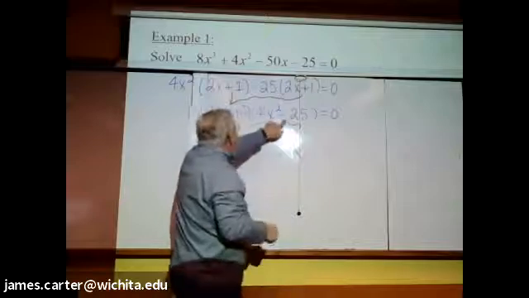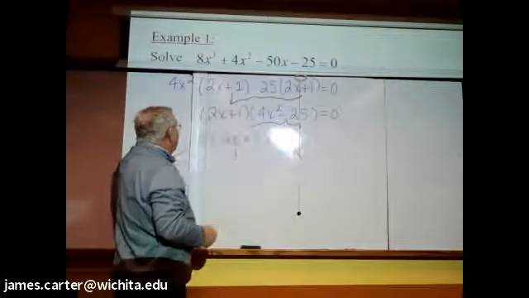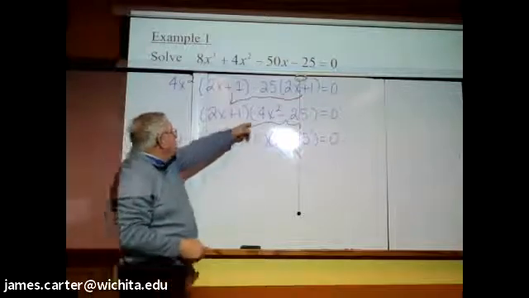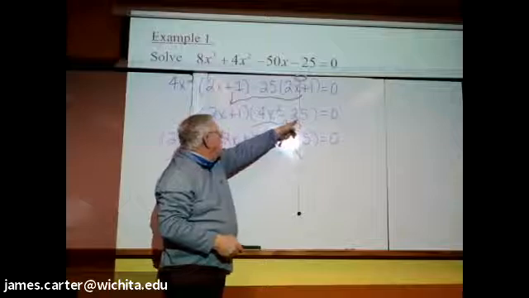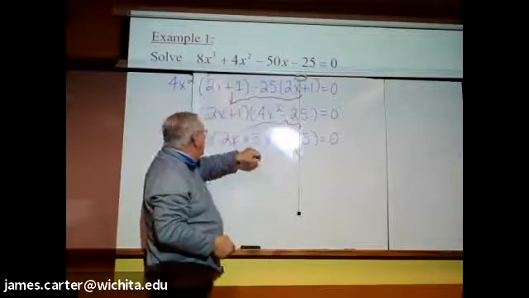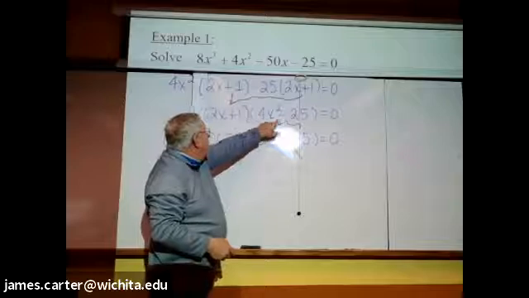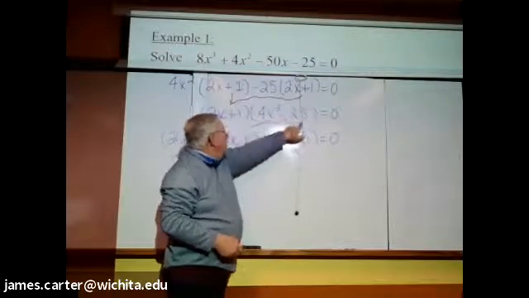So that leaves me 2 terms. Now, what do I do with those 2 terms? This one still factors some more. Perfect square on the front, perfect square on the back, minus in the middle, gives me a 2x plus 5 and 2x minus 5 out of this.